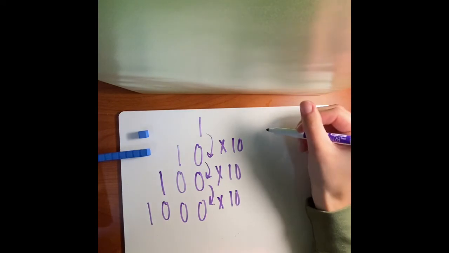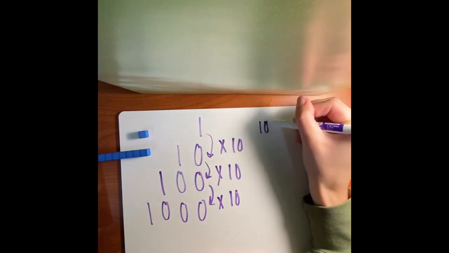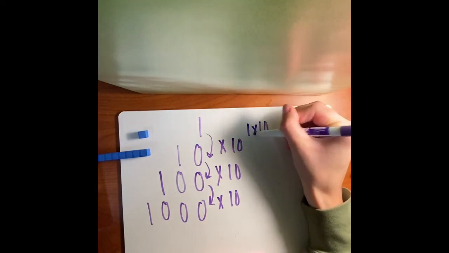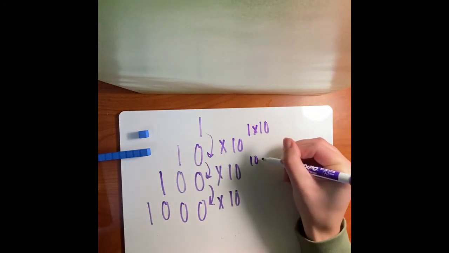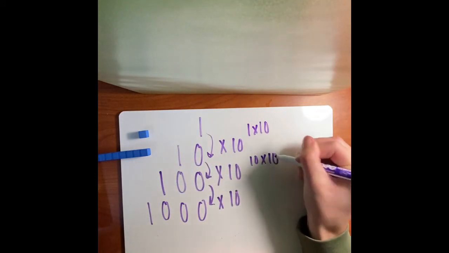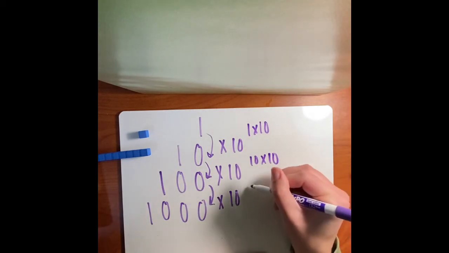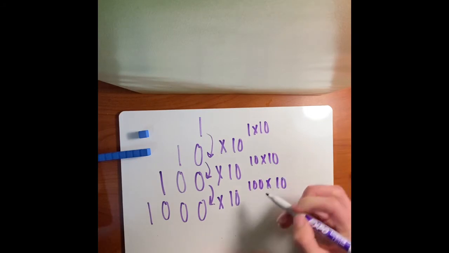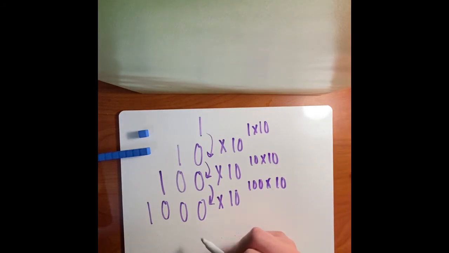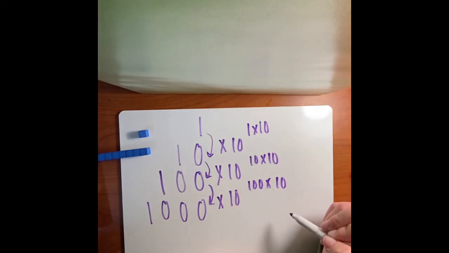So what we did here was we did 1 times 10 to get to 10, and then we did 10 times 10 to get to 100, and then we did 100 times 10 to get to 1,000. Now, there's a pattern here, and in the next question, I want you guys to tell me what the pattern is that you notice with these numbers.